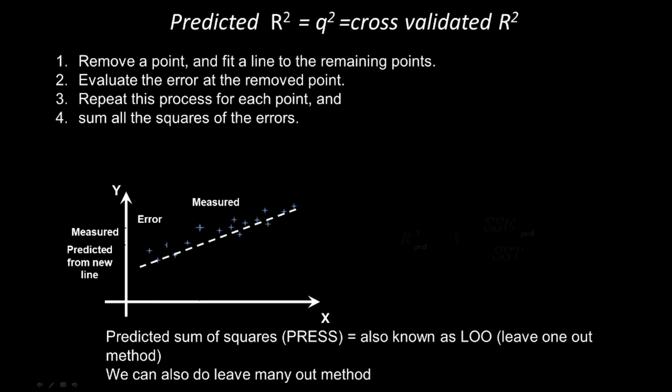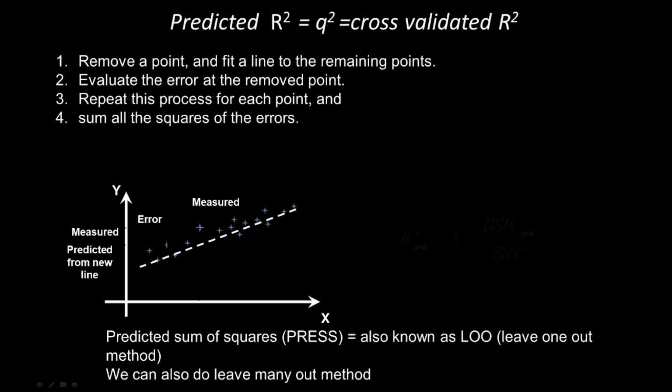But for R square predicted or Q square, we remove one data point and fit with the n minus 1 set of data. That means if you have n data points, we use n minus 1 data points, fit the model, and then try to predict the value for the point which was left out. That is, evaluate the error at the removed point, then square it.